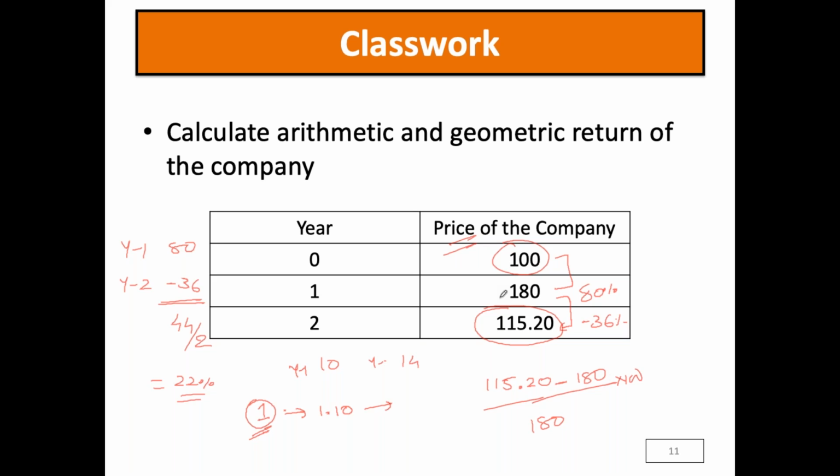Now let us also find out geometric mean using the same concept. Once again, we add 1 to the percentage. So 1.80 into, that one was simple, we just added 1, this one needs a little effort, 1 plus minus 0.36. I'll do it directly because it's a negative return. So you can just go ahead and find the square root of it, then minus 1. And yes, we want the answer in percentage terms, so multiply with 100.